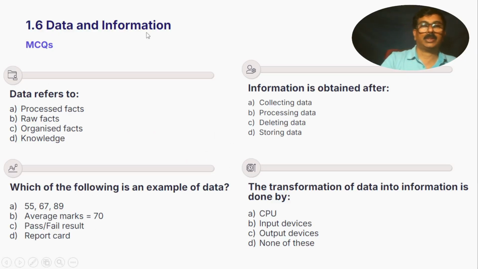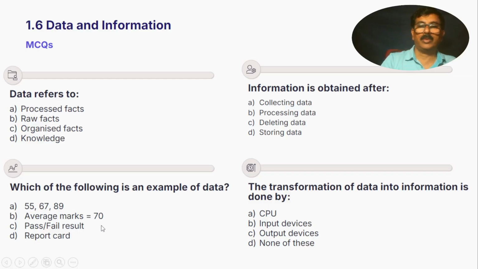Data and information, section 1.6. Data refers to raw facts. Information is obtained after processing data. Which of the following is an example of data?